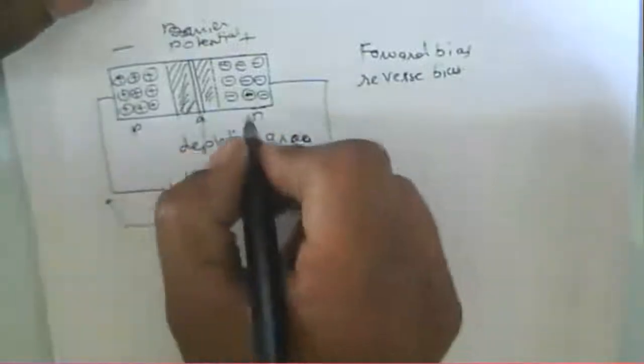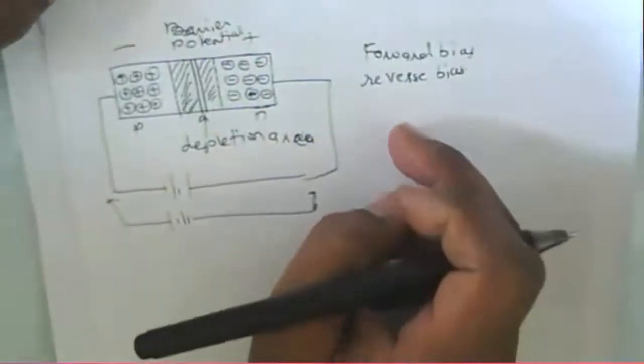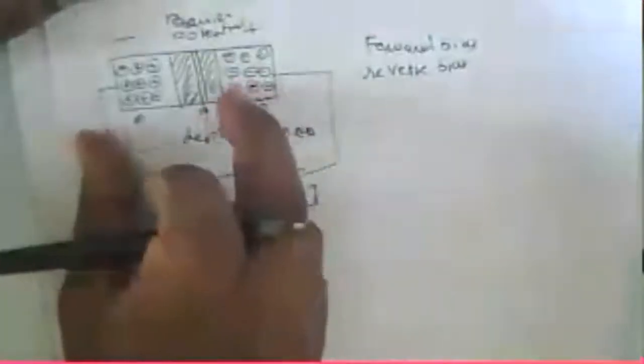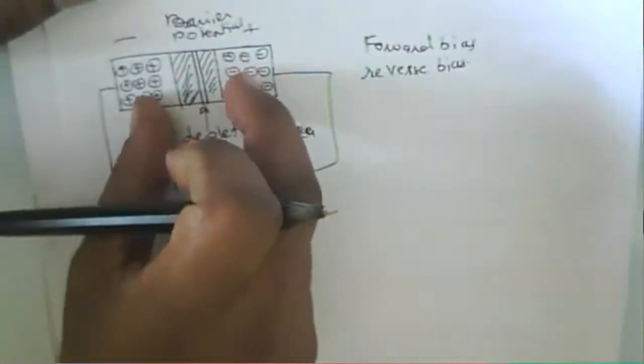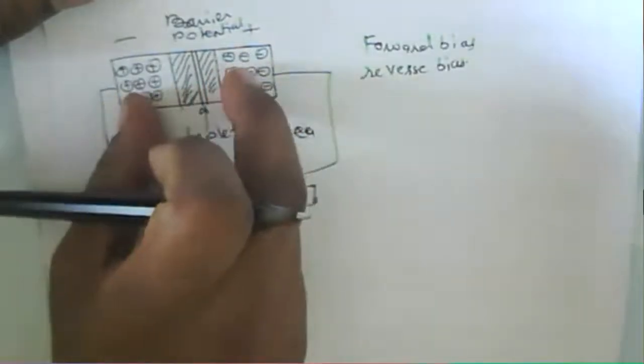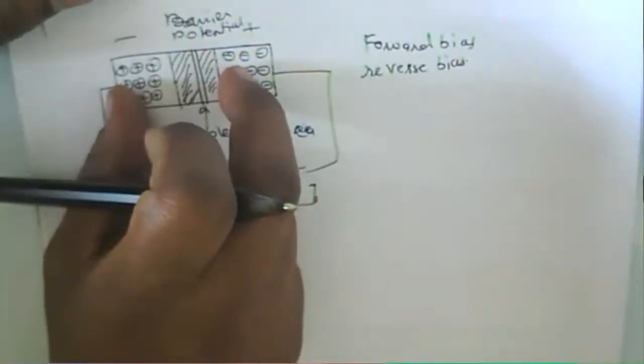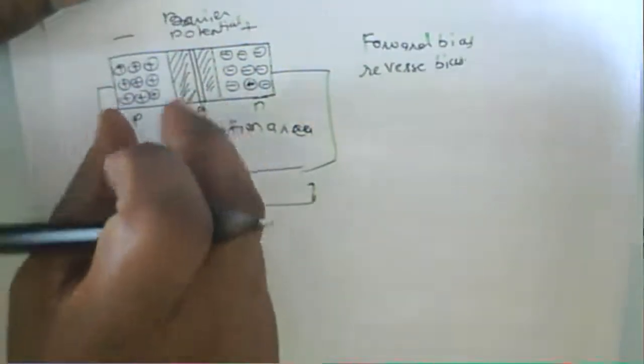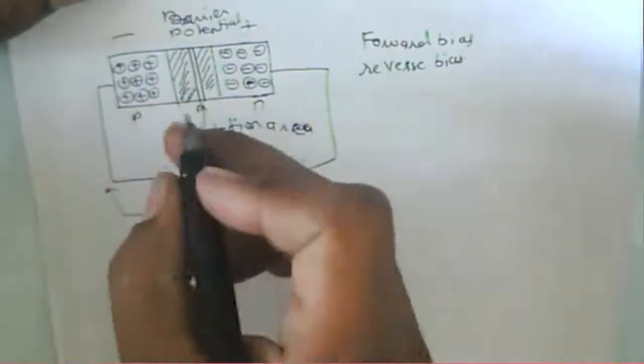Above the bias voltage level, the diode will allow current to flow, so the diode works when we have sufficient bias voltage. That is why the depletion region changes.